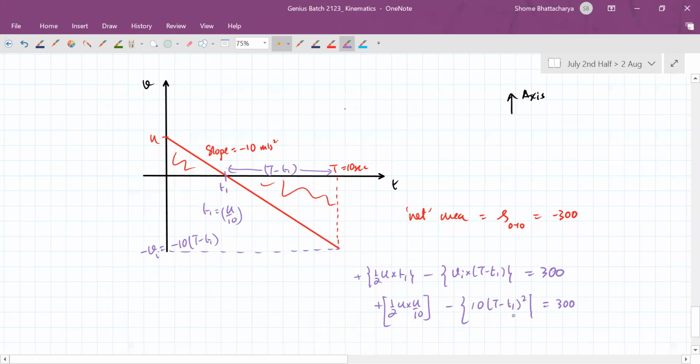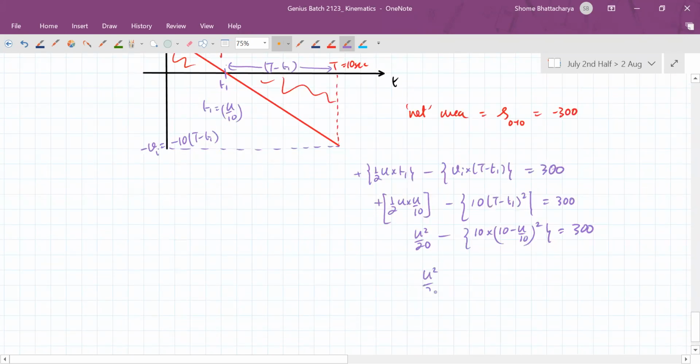And then t1 is again u by 10. Okay, so this becomes u square by 20 minus of 10 into, now this is 10 minus u by 10, whole square. This is equal to 300.